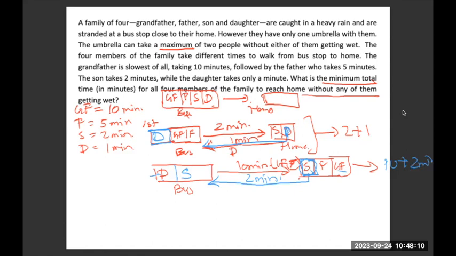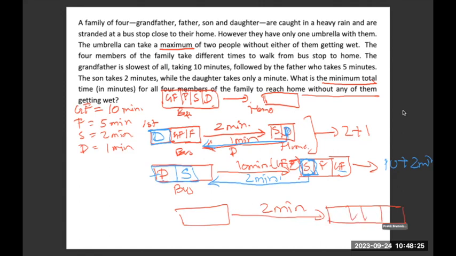In the next situation, both the daughter and the son go from the bus stop and then there is nobody left at the bus stop. They both, the daughter and the son, go to the home in 2 minutes time, and henceforth everybody will be at home. So grandfather, father, daughter and son, everybody will reach home in a span of 2 minutes.